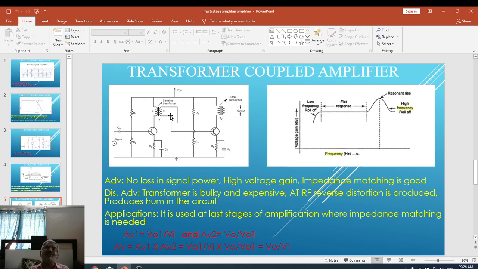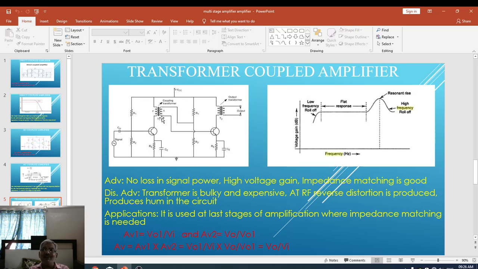This turn ratio decides how much output voltage is developed across that particular transformer. It will also affect the frequency response curve of the transformer coupled amplifier, because the transformer behaves like an inductor as a load on the first stage of the amplifier.